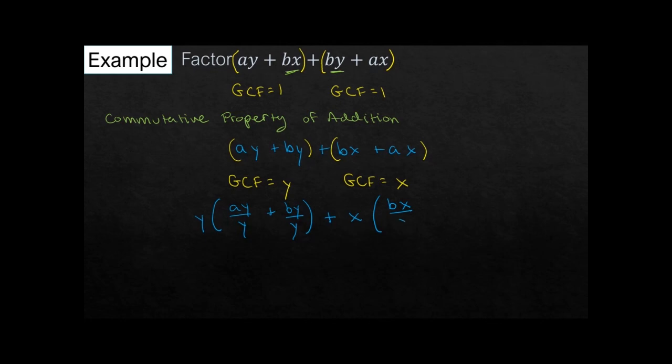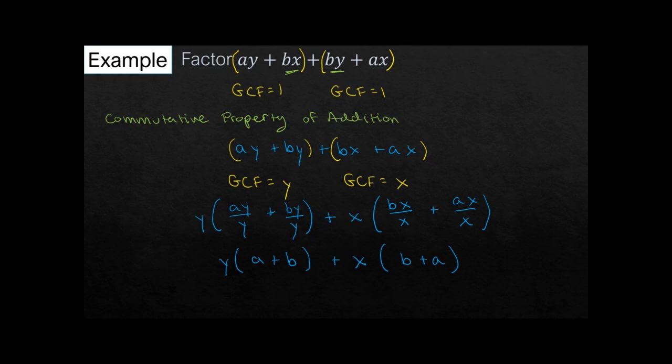I have bx over x plus ax over x. And basically, the y in the first set of parentheses is canceled out. So I have a plus b left over. And then I have my x. And then all the x's cancel, and I'm left with b plus a.